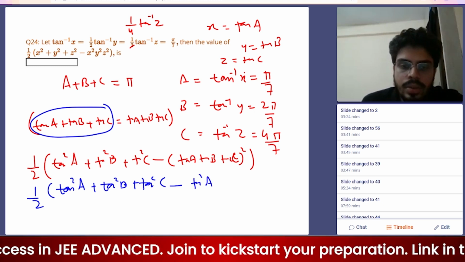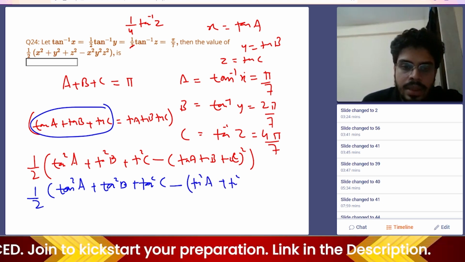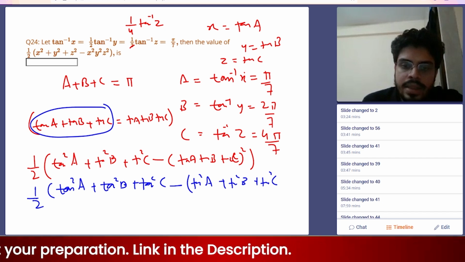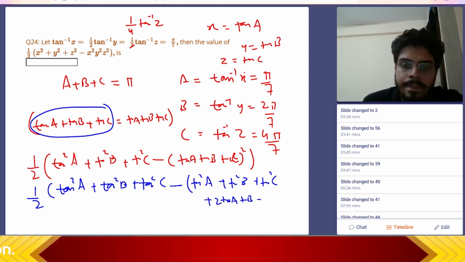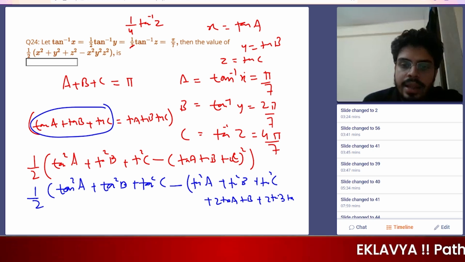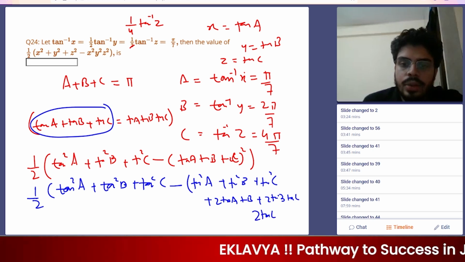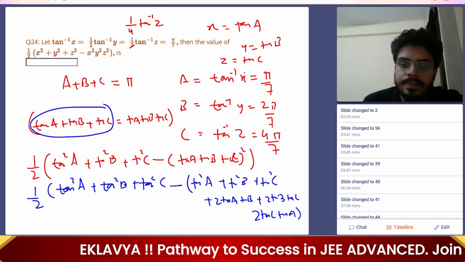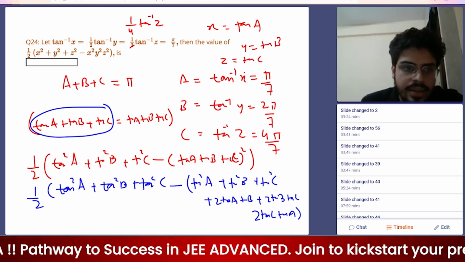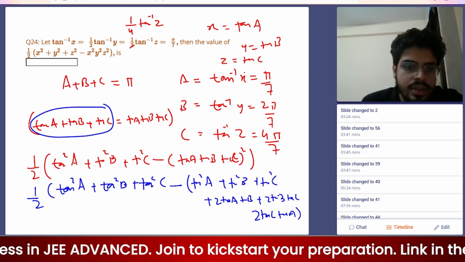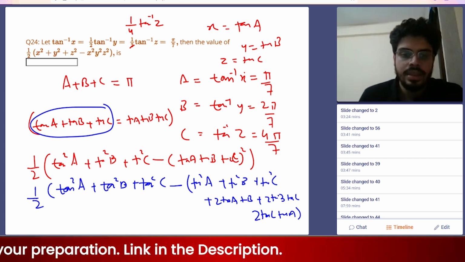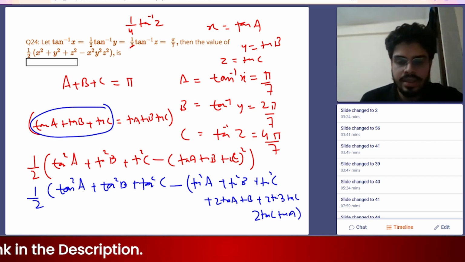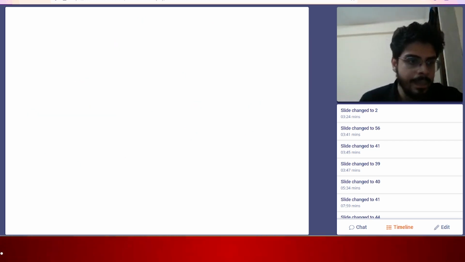That is tan²A plus tan²B plus tan²C plus 2 tan A tan B plus 2 tan B tan C and 2 tan C tan A. So these three terms will get cancelled: tan²A, tan²B, tan²C, and half and this 2 will become simply tan A tan B plus tan B tan C plus tan C tan A.